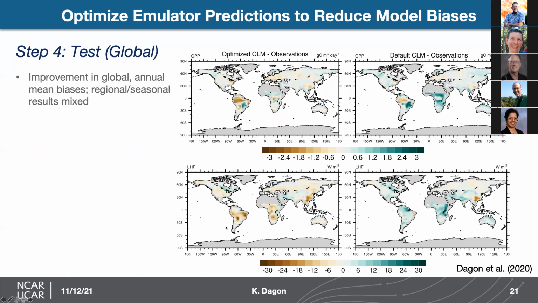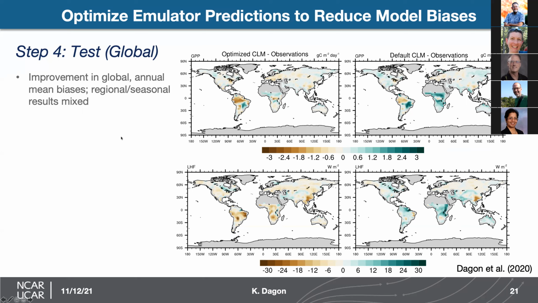So instead of looking at it in the principal component space, just saying, okay, what does GPP, what does latent heat flux look like in the optimized model relative to the default model? So the left-hand column is the optimized CLM, where we've fed back in the best fit parameter values. And then on the right is the default model, both relative to these observational data sets. And so the one sentence summary is that it looks like it's getting better in some places, but it might be getting worse in others.